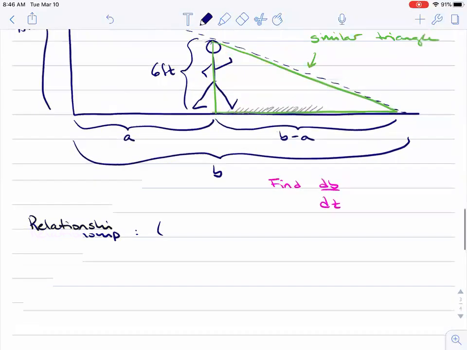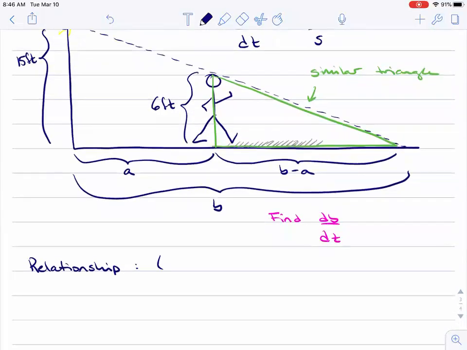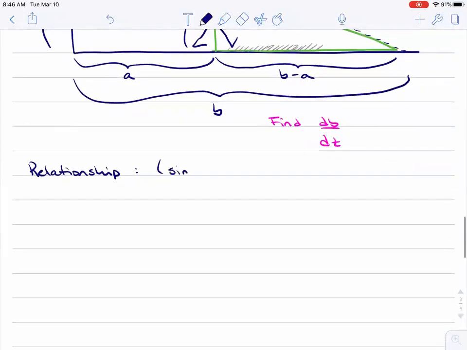Let's establish the relationship first. One thing to keep in mind that we said is that we're going to use similar triangles for these.